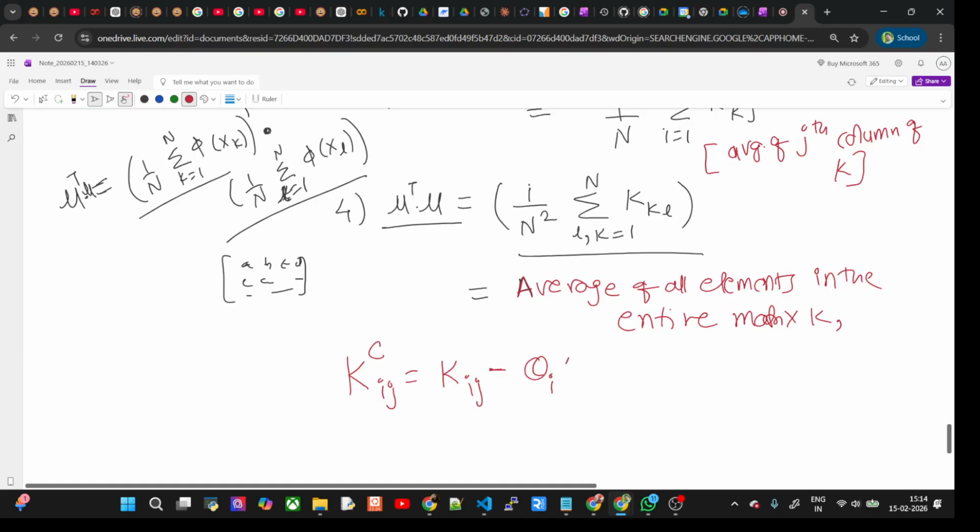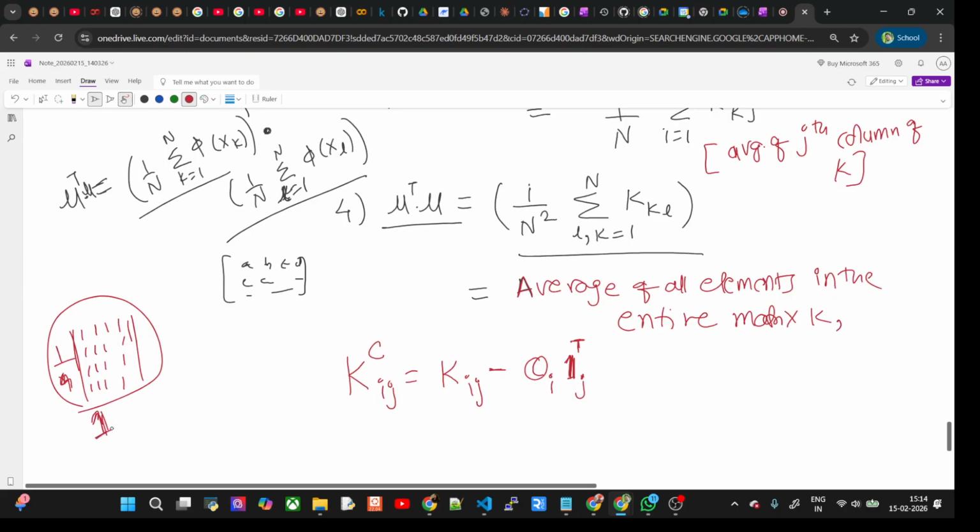This 1 is n cross n, and it has the value 1 everywhere. If you mention 4, this is 4 cross 4, 1 2 3 4, 1 2 3 4, divided by n, so 4. So this is the 1 in the function.